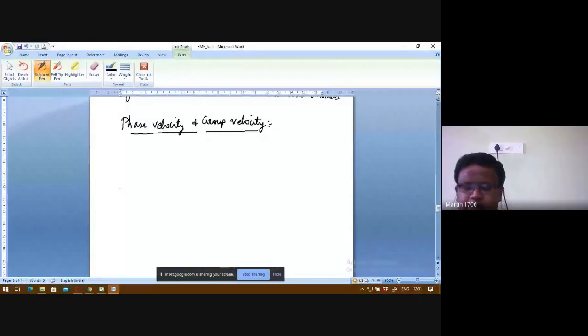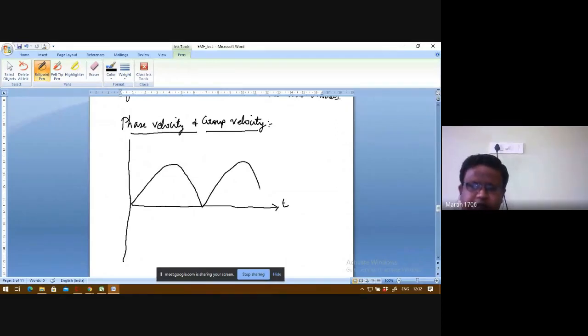Let me explain with the help of a graphical notation. Consider the x-axis is time, and the y-axis is the function of the wave. It will go in the form of a packet, a cluster or group of packets like this. In the packet, the wave pulses of the signal will be generated.